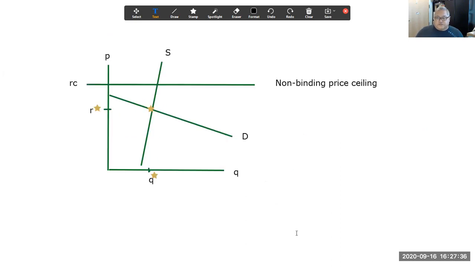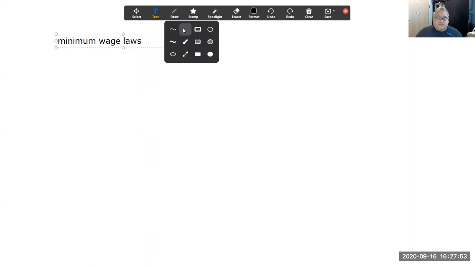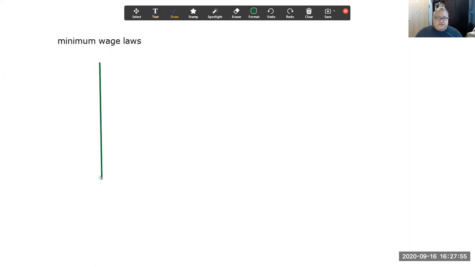Another very controversial subject besides rent control that we can use to describe these market models is the issue of minimum wage laws. If you have what's called a labor market, you have suppliers of labor and consumers of labor. The suppliers of labor are people who are called workers.